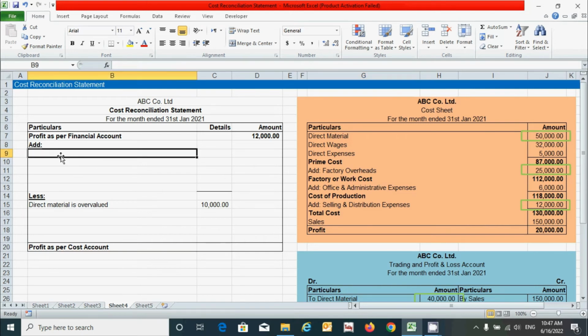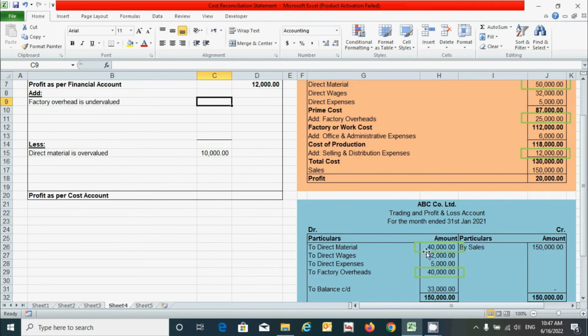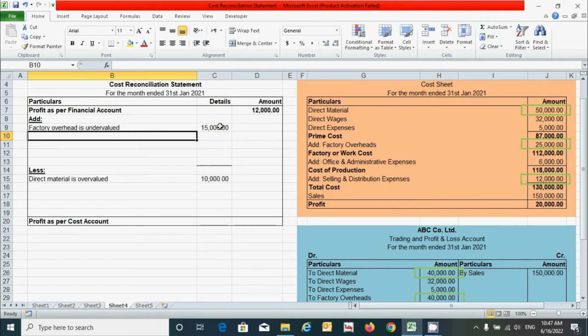So here write the statement factory overhead is undervalued. By how much? We have to put the differential amount, that is from 40,000 to 25,000. It will come 40,000 minus 25,000, which is 15,000 rupees. All right, so we have to put this one here.